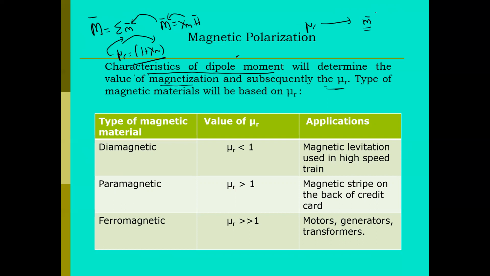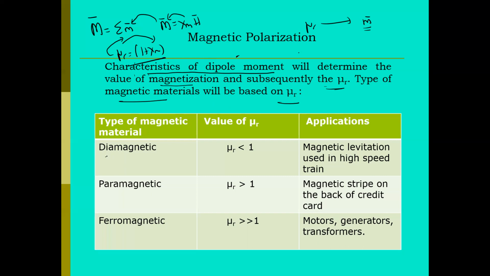So we have seen here the effect of the dipole moments towards the M vector, which is the magnetization vector, and subsequently the effect towards the magnetic permeability mu R. Okay, and for this we can see that the type of magnetic material shall be based on the values of mu R. These are the typical classifications of magnetic material.